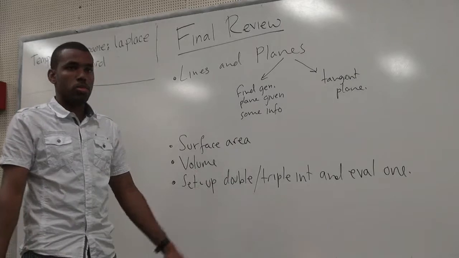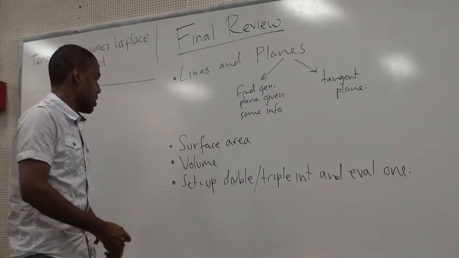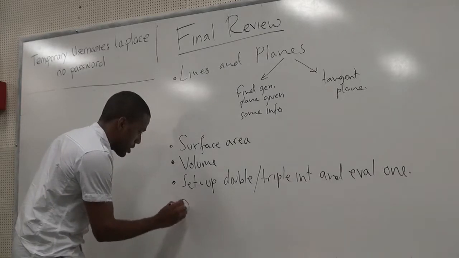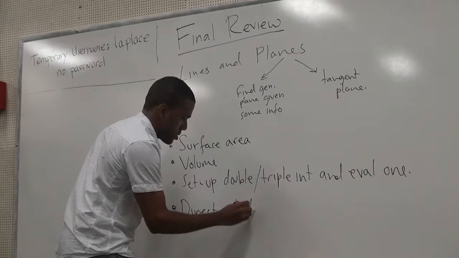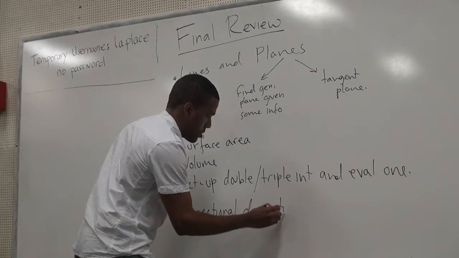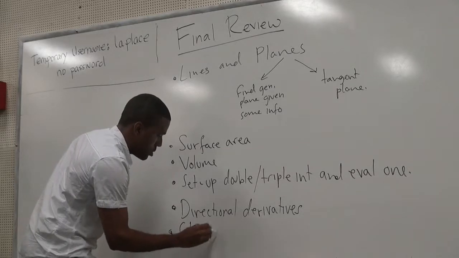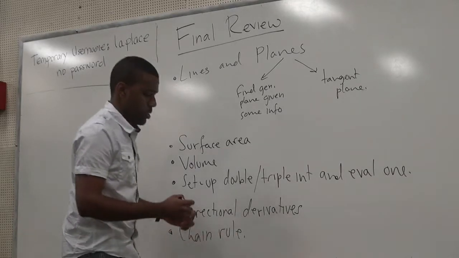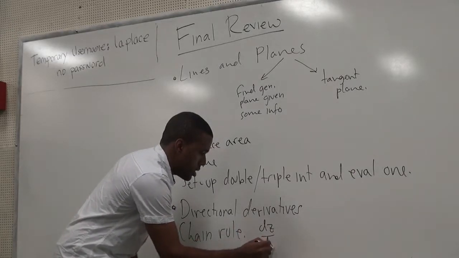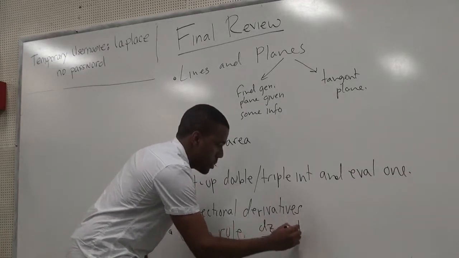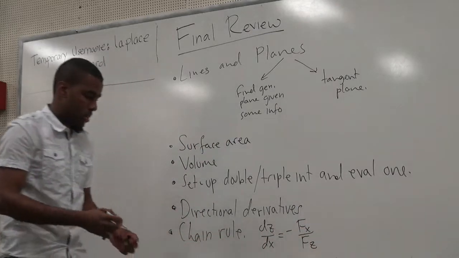I'm going to ask a similar problem to that, so know how to set up integrals very well. Of course, there's directional derivatives, using the chain rule, that short formula, so it's something like dz/dx is just minus fx over fz, using that formula and things like that.